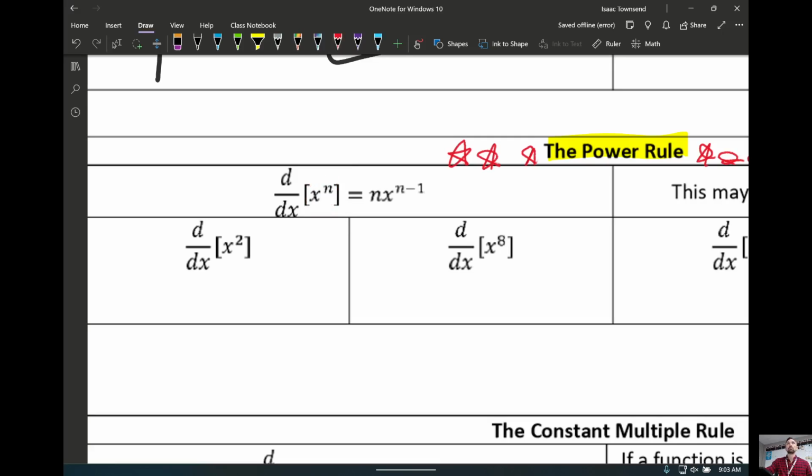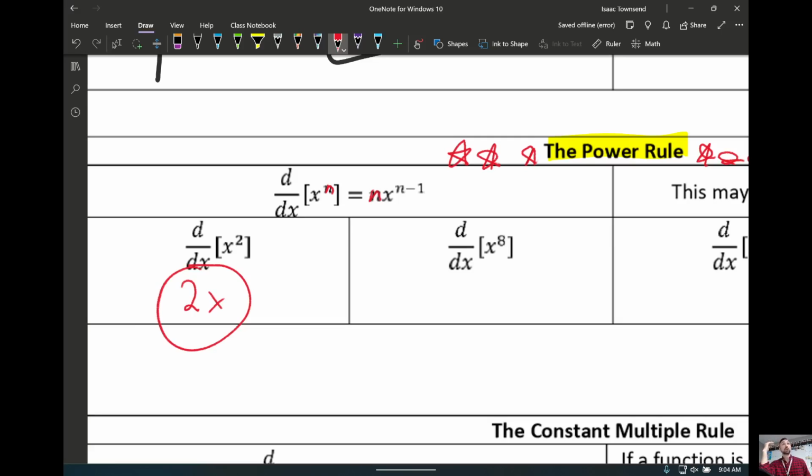So it's a lot easier than it sounds. Basically, you're going to take the exponent n and bring it down out front. That's why there's an n here. And then after you bring it down out front, you're going to lower the exponent by 1. n changes to n minus 1. So the derivative of x squared, you would bring the power down and then lower the power by 1. The derivative of x squared is 2x.